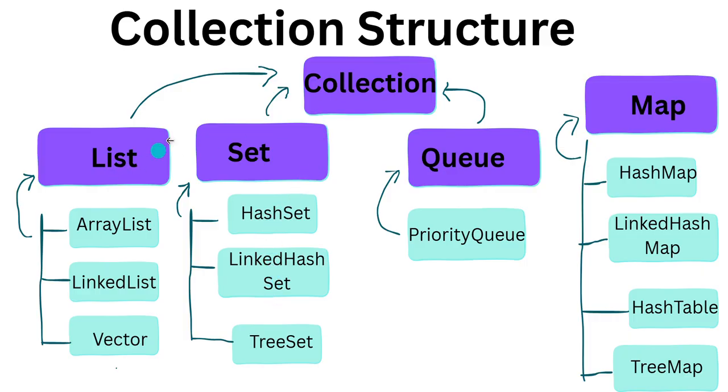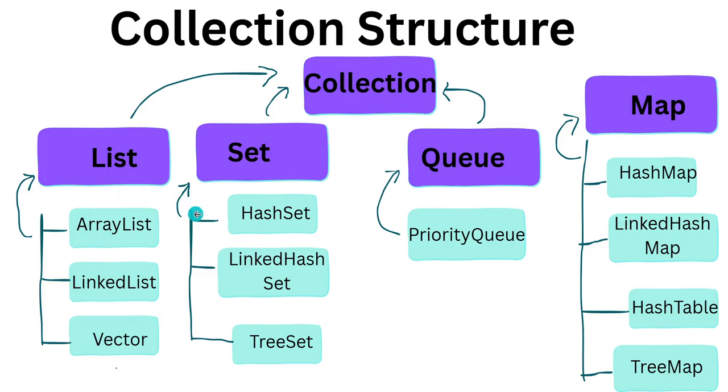You can observe that we have a very dynamic collection architecture, where Collection is an interface, and Set, List, Queue, Map are all interfaces. You can also observe that Map is not a direct subtype of Collection. ArrayList, LinkedList, and Vector are types of List.